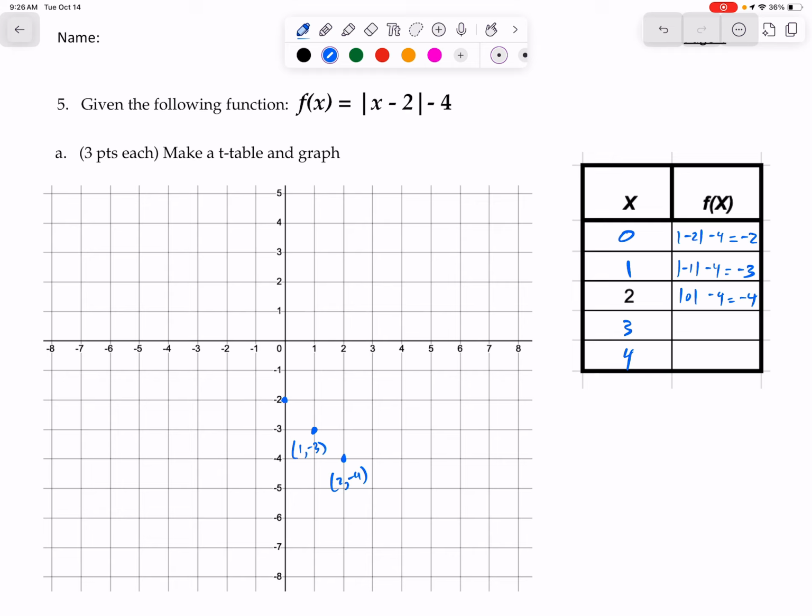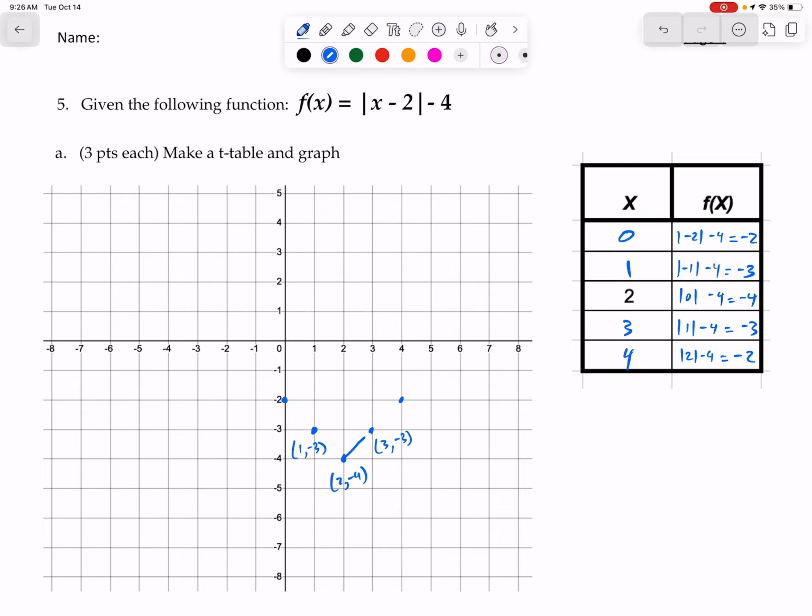So right there. Add 3 minus 2 is the absolute value of 1, which is just plain old 1 minus 4. Is also negative 3, and that's here. 3 comma negative 3. And then 4 minus 2 is 2, so absolute value of 2 minus 4, negative 2.